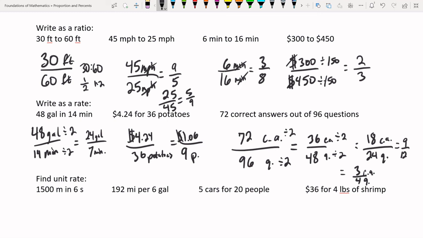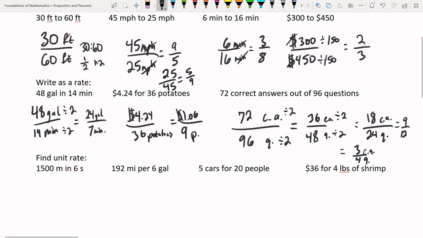Correct. All right. The unit rate is different from a rate in that the unit rate, we always divide out the bottom. The bottom should always be 1 in this case. So we get just a single number and no longer a fraction. So let me get a little bit more room down here. 1,500 meters in 6 seconds.